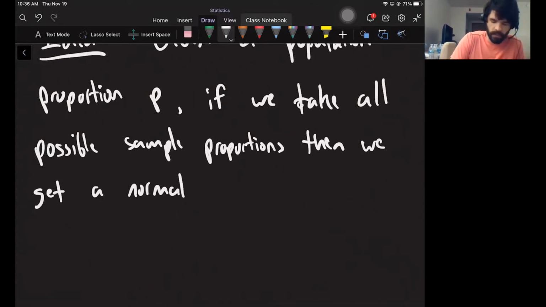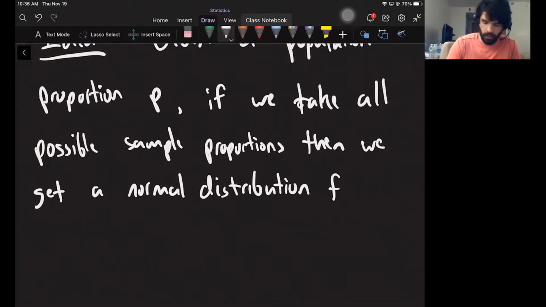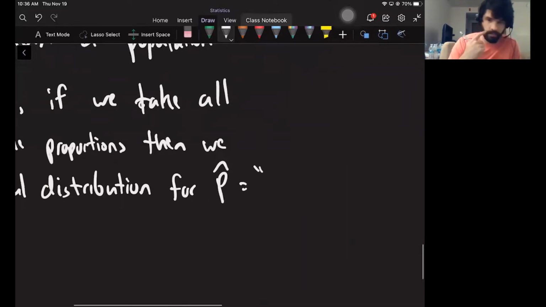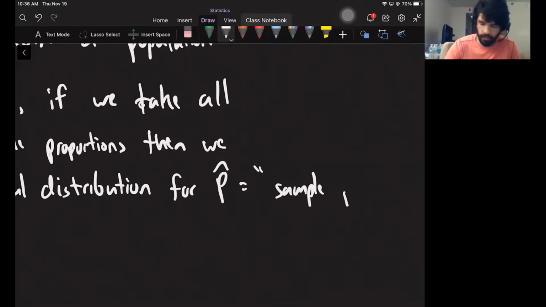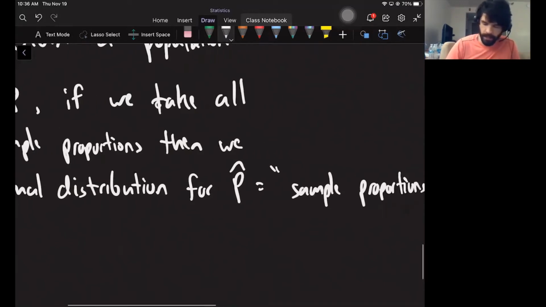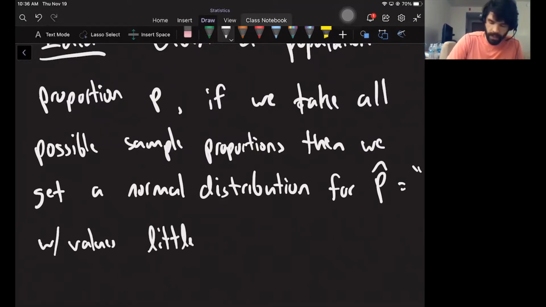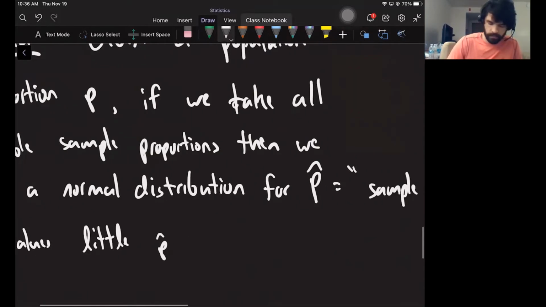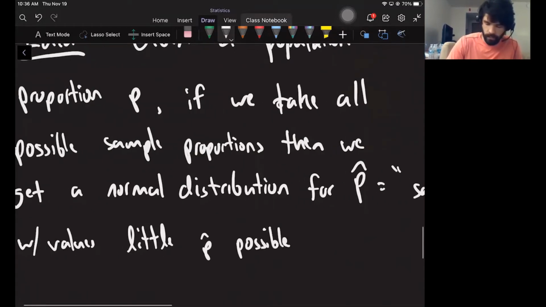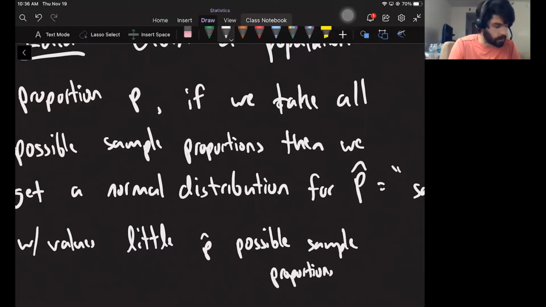That's the mystery normal distribution up there, for big p hat, which is sample proportions, and big p hat takes possible values little p hat according to this normal distribution.